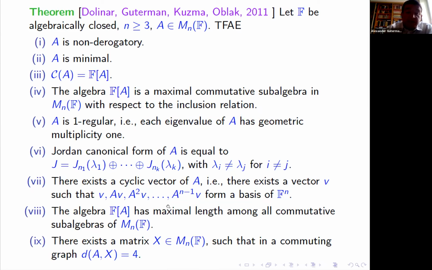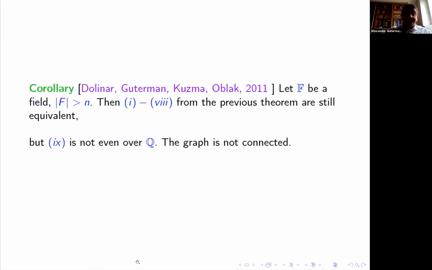Existence of a cyclic vector is also equivalent, and the algebra is maximal among all commutative subalgebras of the matrix algebra. And finally, in terms of distances, it should be a matrix such that in the commuting graph, the distance is equal to 4, in fact the diameter.